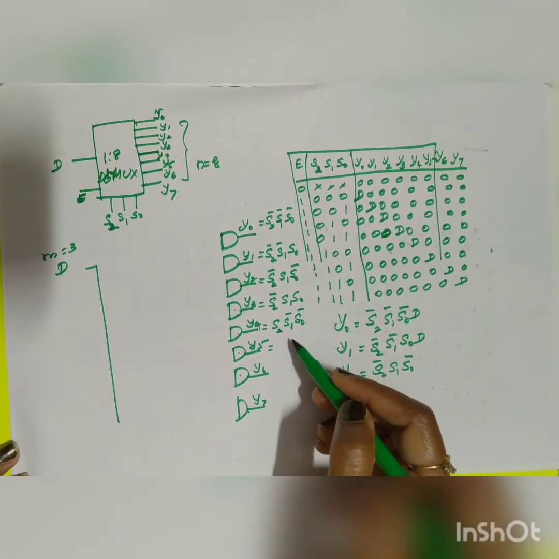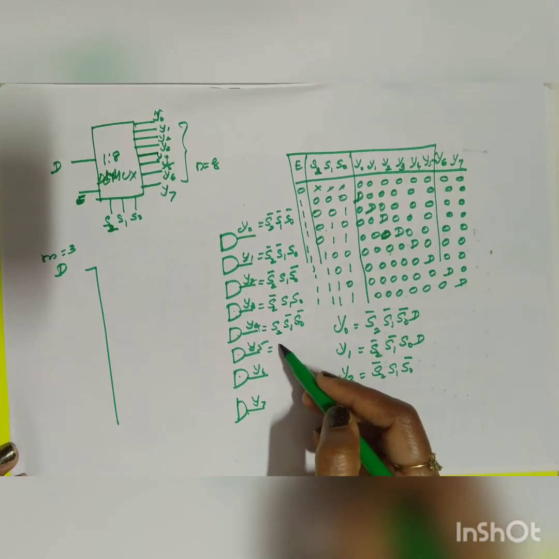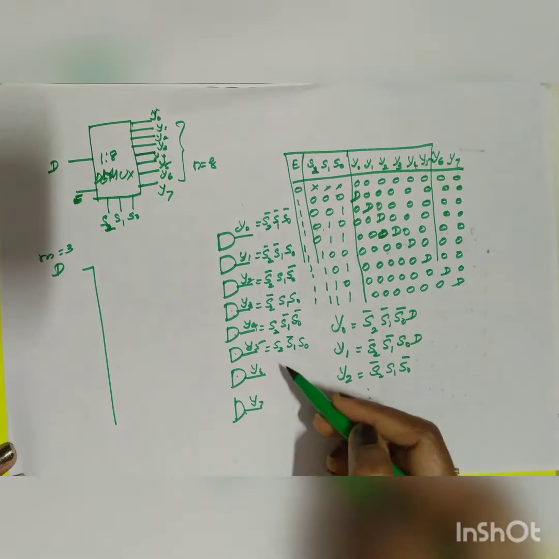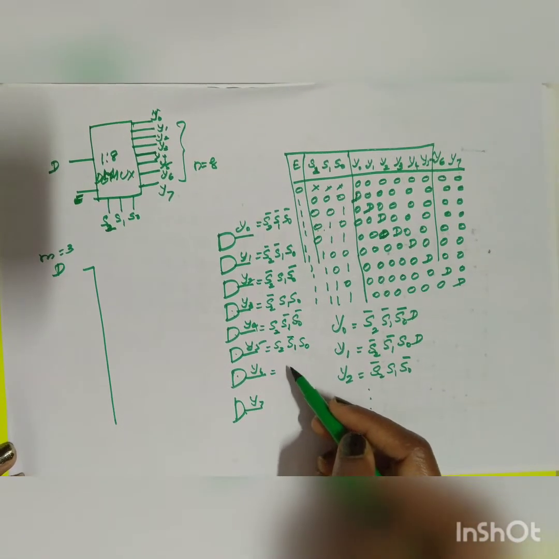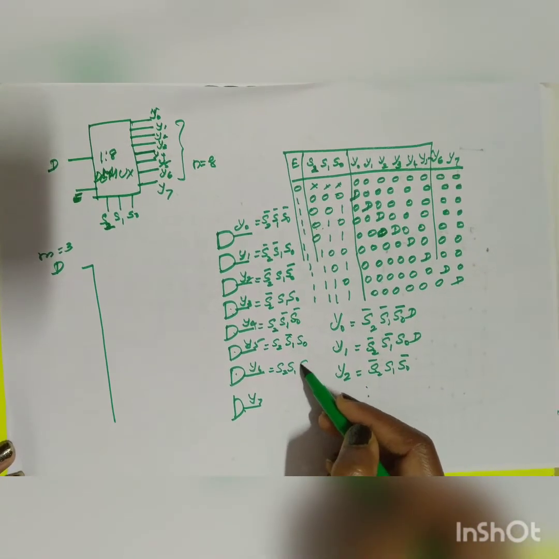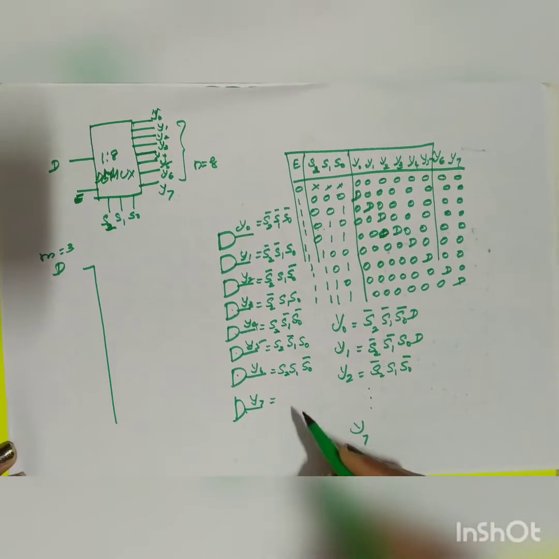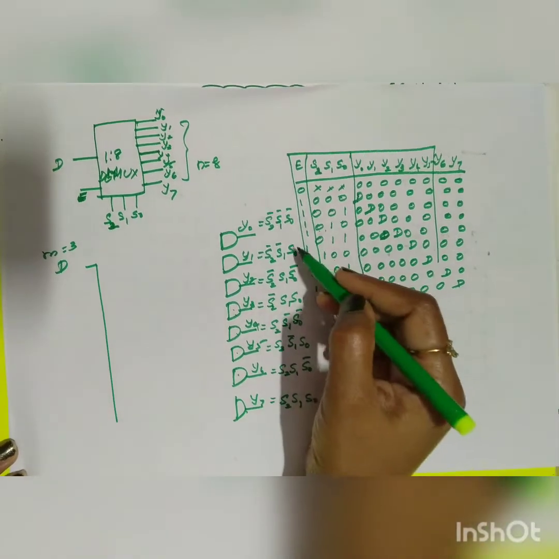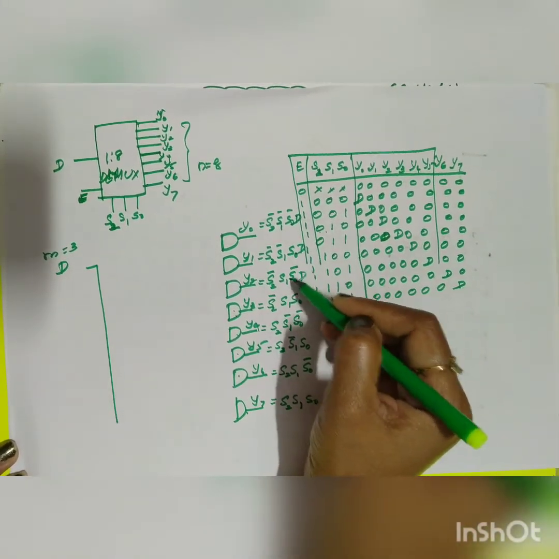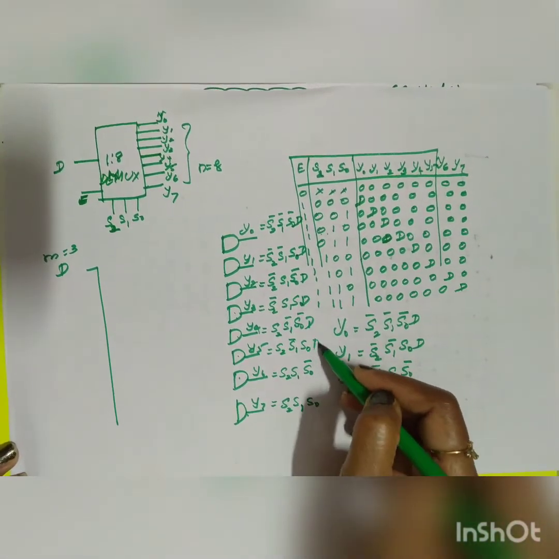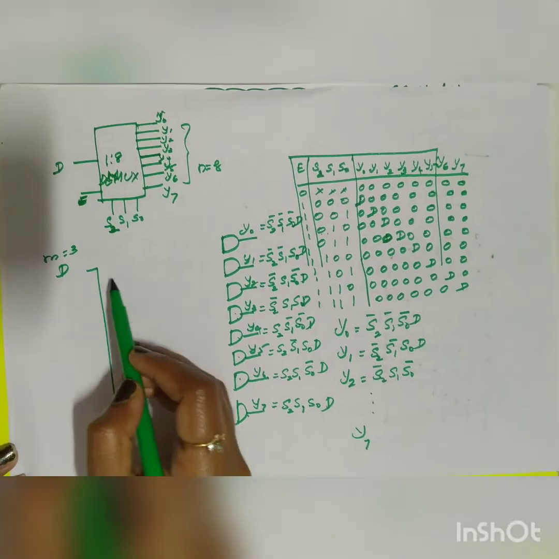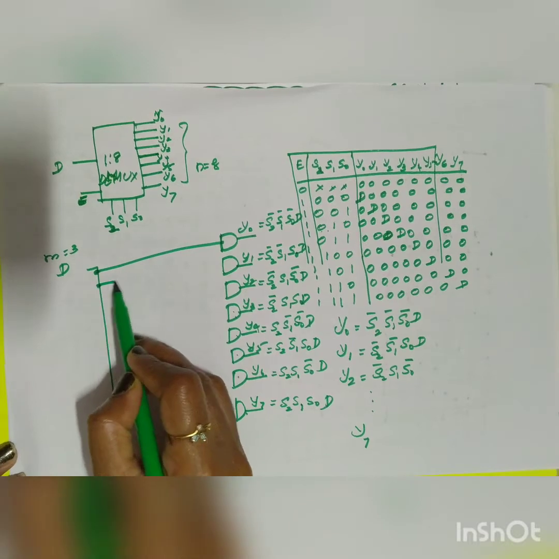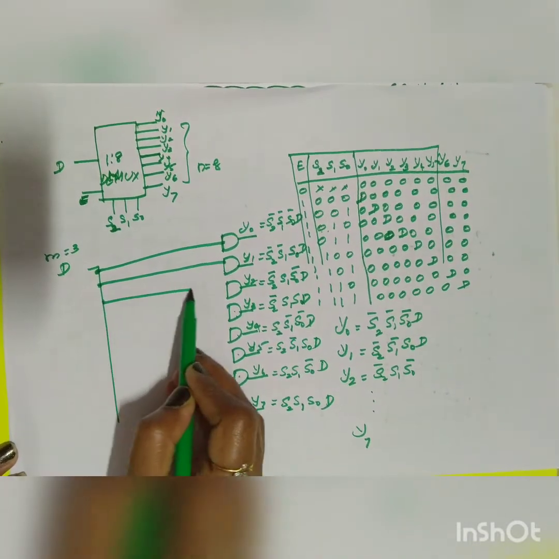Y5 is 1 0 1, so S2, S1 bar, S0. Y6 is 1 1 0, so S2, S1, S0 bar. What is your Y7? 1 1 1, everything is high: S2, S1, S0. So what will be your common factor? Everything, you will be having your data in, right? So now you can connect the data to all the AND gates. So this will be your first step.